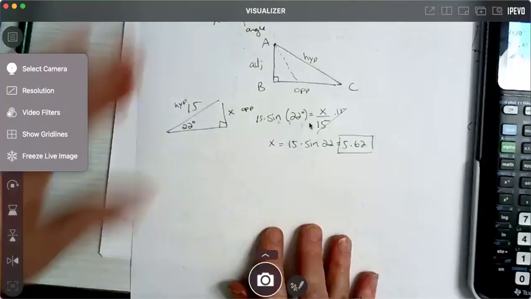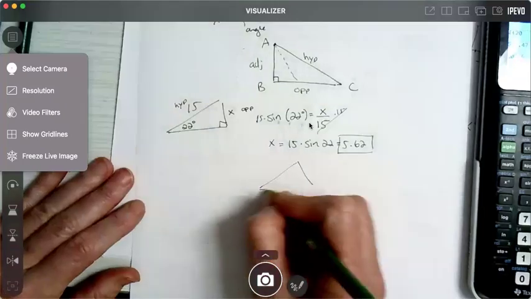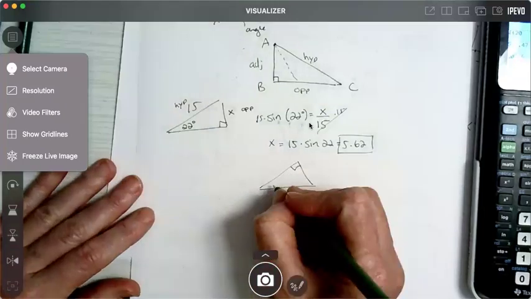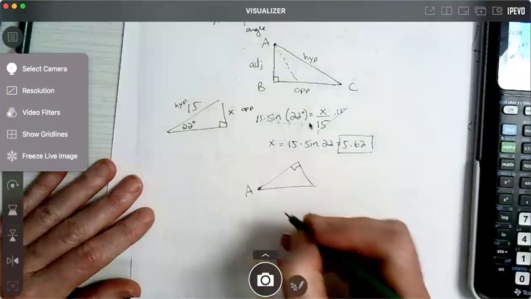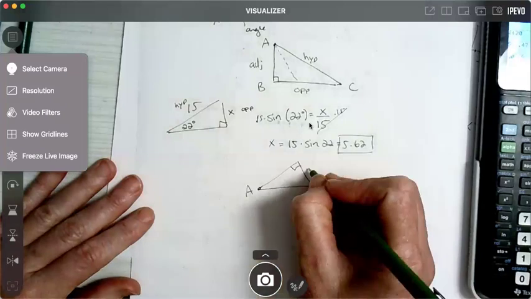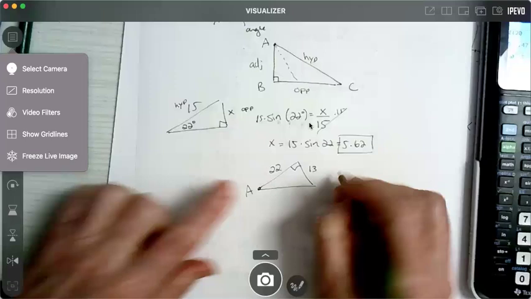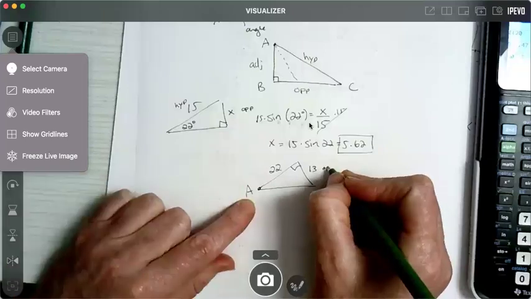If I was going to do an inverse, say I had a triangle that looked like this, and I was looking for the measure of angle A, and I knew that this one was 13 and this one was 22. If I identify, this is the opposite side, this is the adjacent.